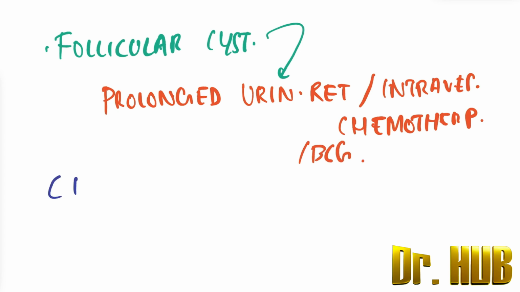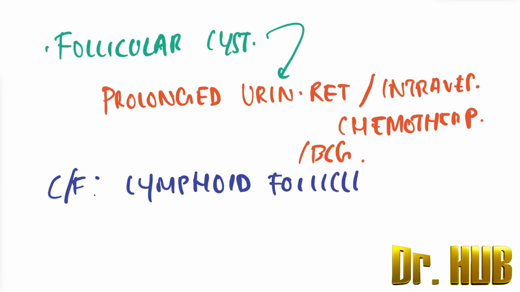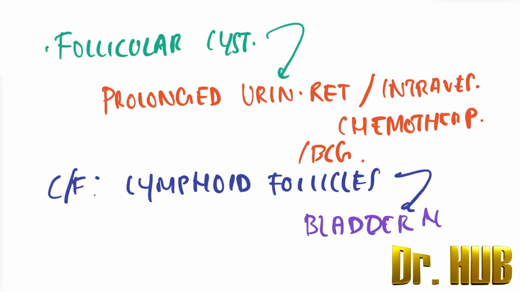Now what are the characteristic features? The characteristic feature is the presence of lymphoid follicles within the bladder mucosa.